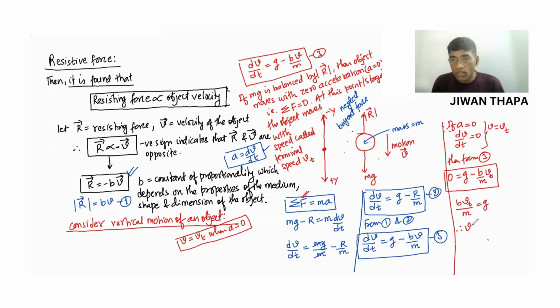Therefore, terminal speed Vt equals gm by B. Clear? So this is the required expression for terminal speed for an object moving in vertical downward direction.